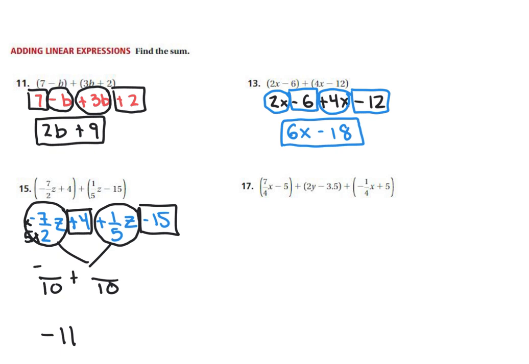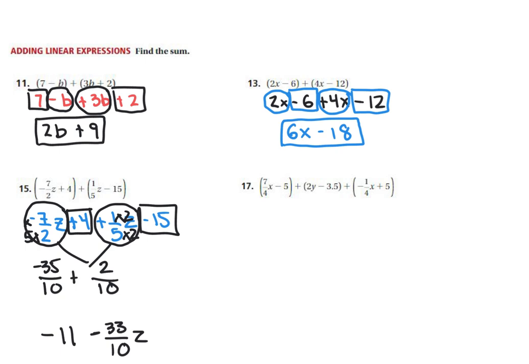Negative 7 times 5 is negative 35. On the right side, I'm going to multiply 5 times 2 to get 10. So 1 times 2 is 2. So then negative 35 plus 2 is negative 33 tenths. And my variable was z.